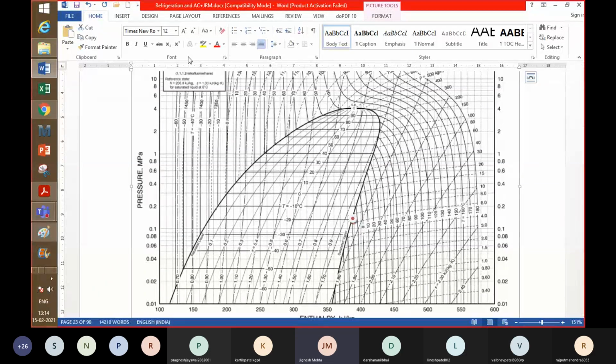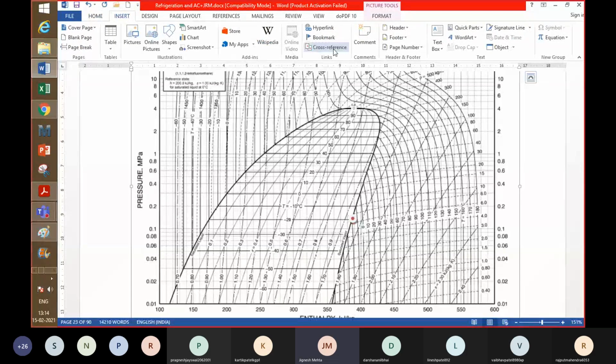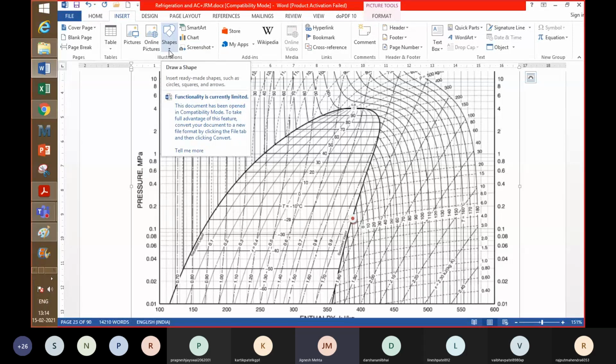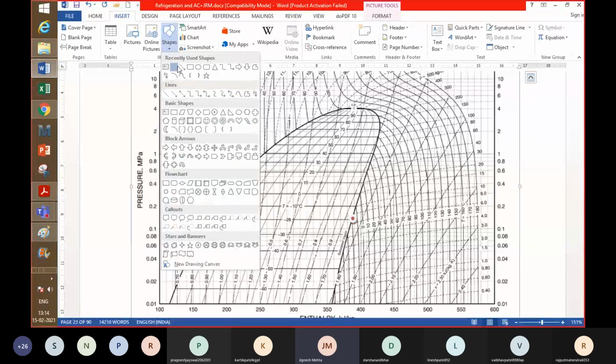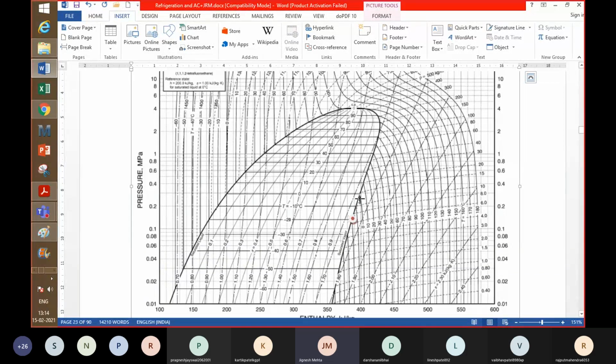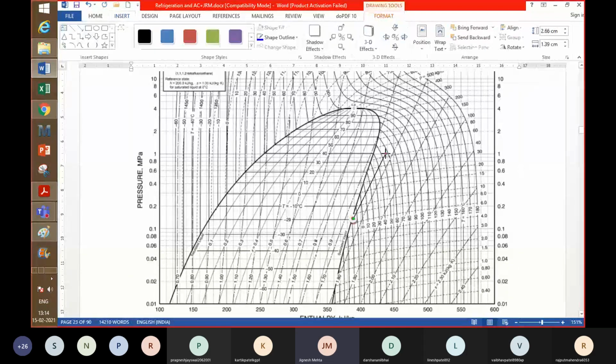So you should draw a line such that the proportion of the distance is the same, right? So let us draw such a line here. Now we are going to draw a straight line, though it may not be a perfectly straight line. So this is the line, right? So this is point 1, this is point 2, the outlet.